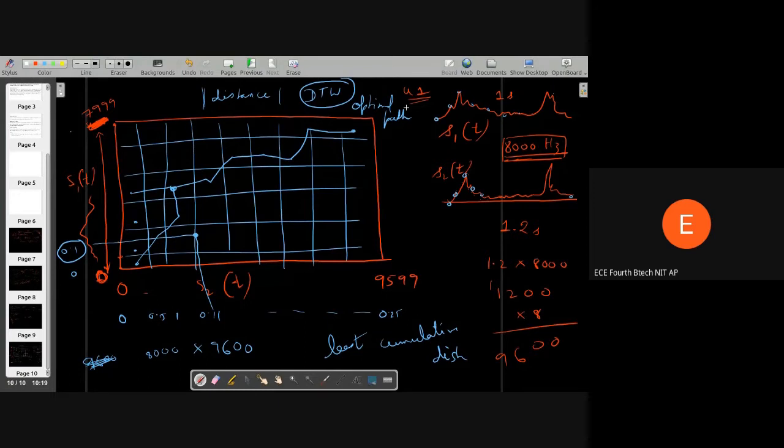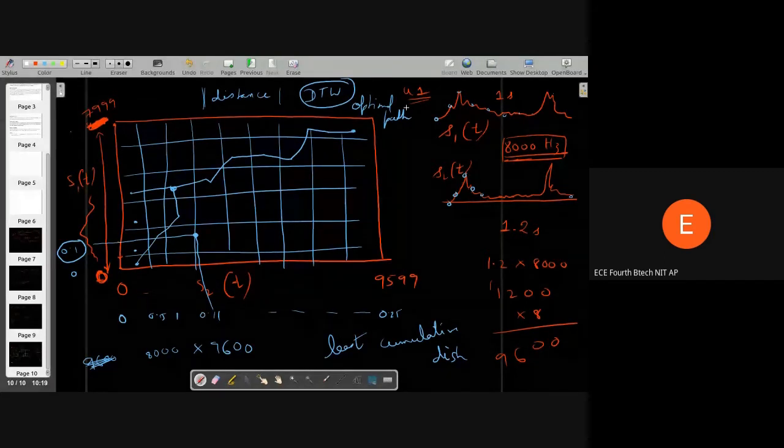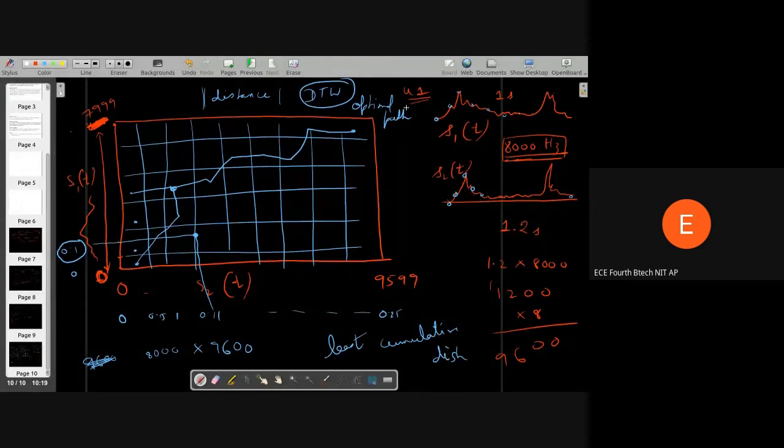To match them, DTW finds the optimal path between them. So I will show you a video. It's a very simple video, but it helps you grasp the main idea of dynamic time warping. I will share the link now. Then we will discuss the things that are discussed here.